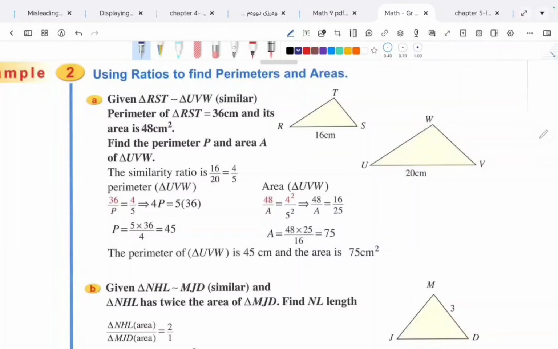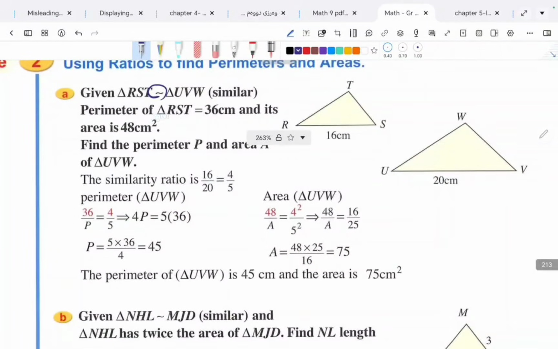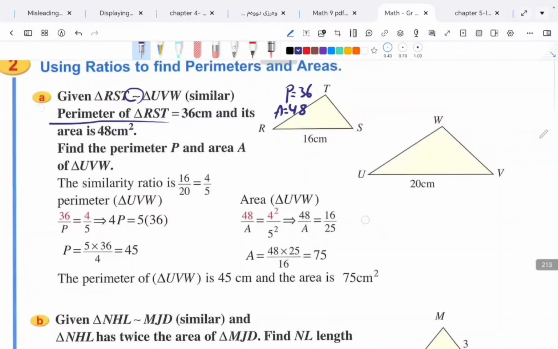Given RST and UVW, they are similar. The perimeter of RST is 36, so P for this one is 36. And area is 48. Okay, what's the area and perimeter for the second triangle?